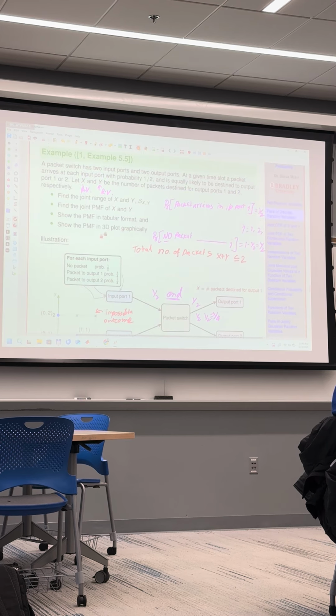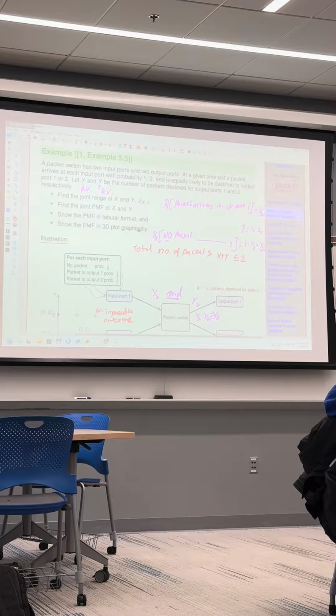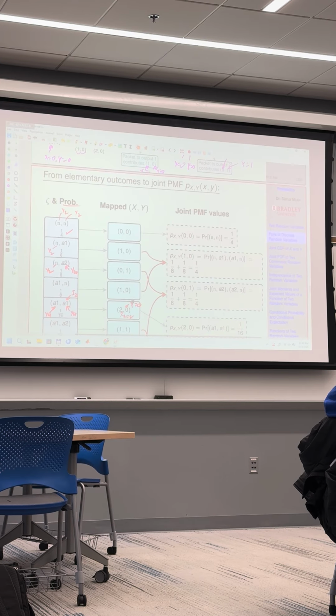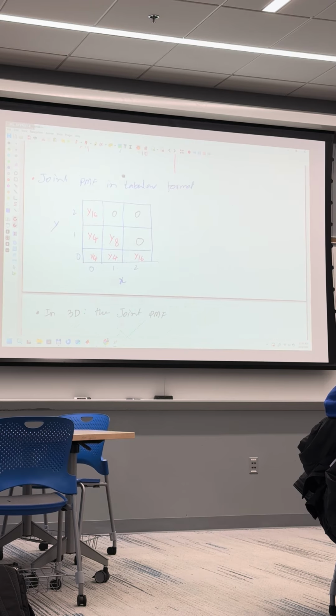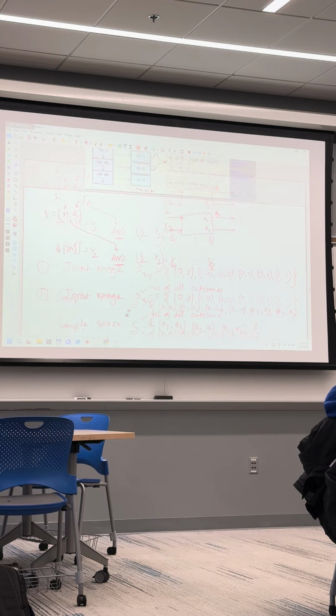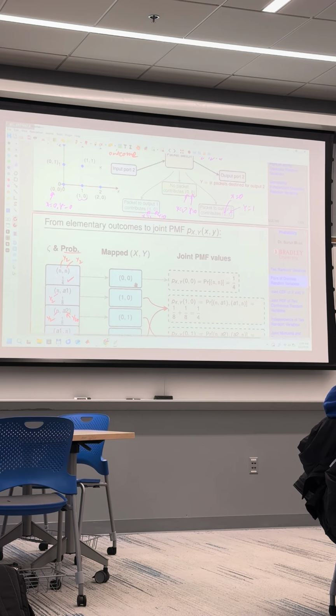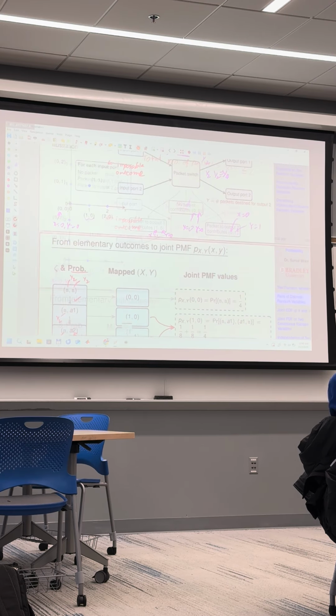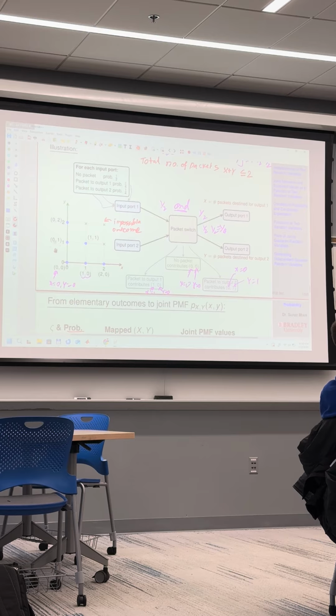The joint PMF in a 3D plot graphically. I showed the tabular format and the graphical one. That's all. So there is another way to show it, called filled dots, which I actually showed right here. So this is filled dots.